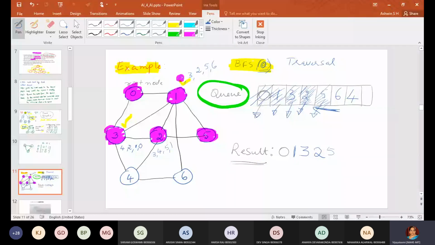Now for this particular 5, what are the adjacent vertices? It is 1 and 2. Just check for 1 and 2.